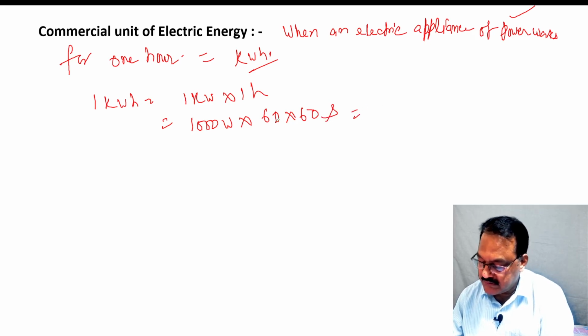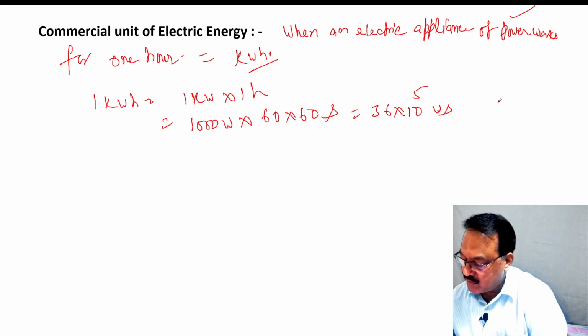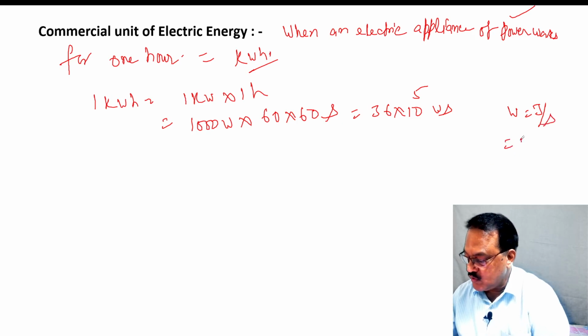How much? 6 sixes are 36. 36 into 10 to the power 5. This is Ws, watt second. We know watt is equal to joule per second. It means watt into second is equal to joule.